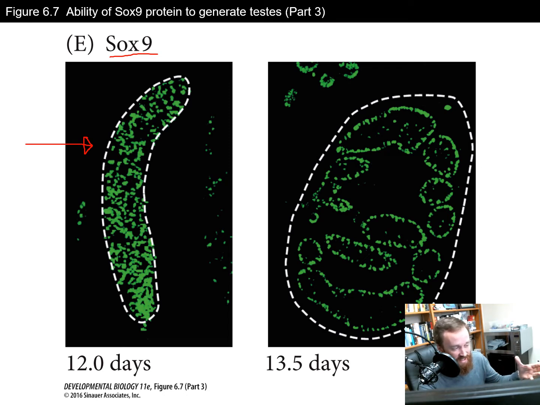So once SOX9 gets turned on, it's turned on for a long, long time, as opposed to SRY, which was only present for that short period of time. If we look at 13.5 days here, we see that as these testes are developing, SOX9 is continuing to be present and continuing to push the development of the gonads towards becoming testes.